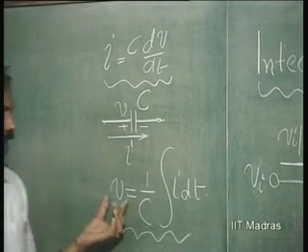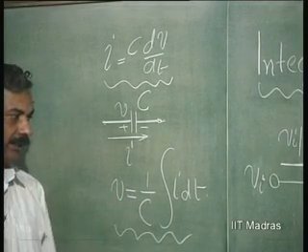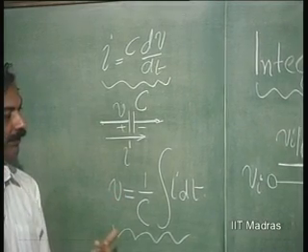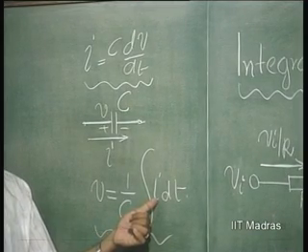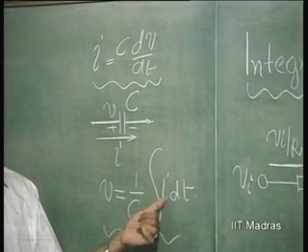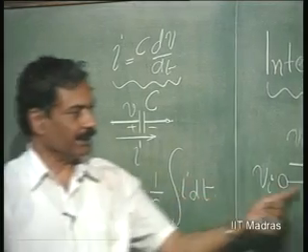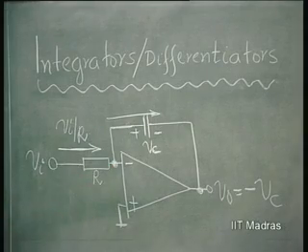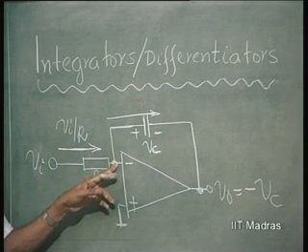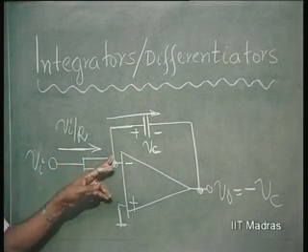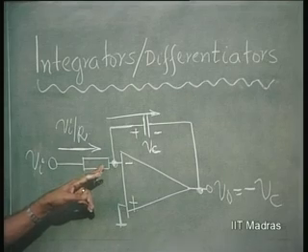Here I want a voltage as an integral of another voltage. So, I merely pump into the capacitor a current which is proportional to voltage. This op amp here facilitates pumping in current, because there is a feedback here. This is going to be virtual ground and the current pumped in is V I by R.